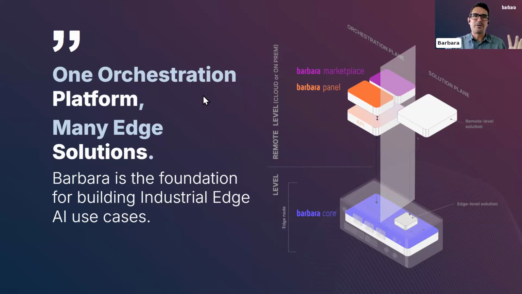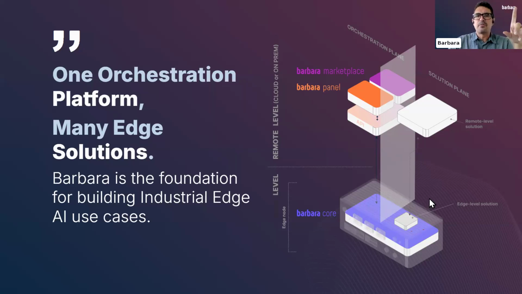That is why we speak about one orchestration platform, many edge solutions. Depending on the applications that you deploy and how you interconnect them, you will create one use case or another. So the possibilities are endless.